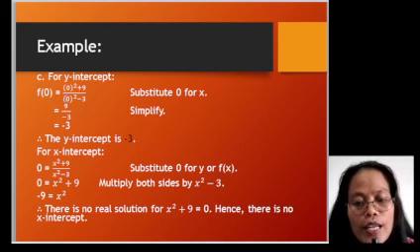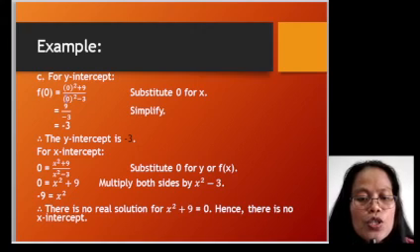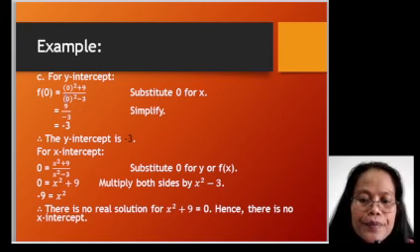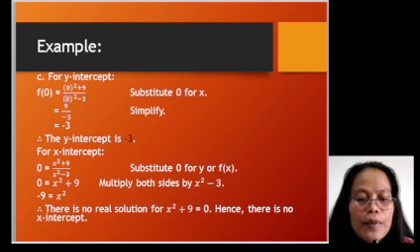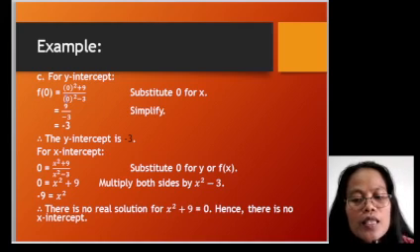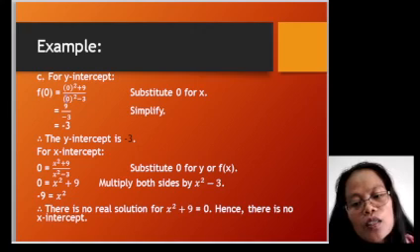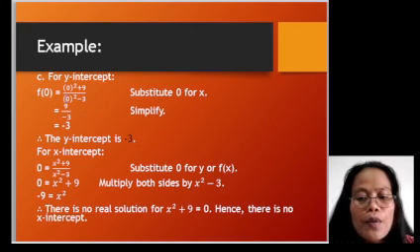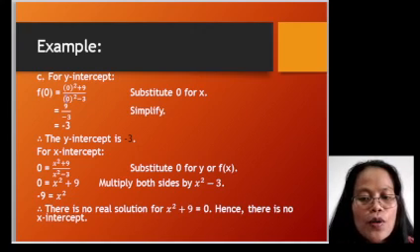Now we need to solve for the x-intercept. We substitute 0 for y or f of x. So we multiply both sides by x squared minus 3 because that's the denominator at the right side. So x squared minus 3 times 0 is 0. And here, we need to cancel out x squared minus 3 with the denominator x squared minus 3 also.